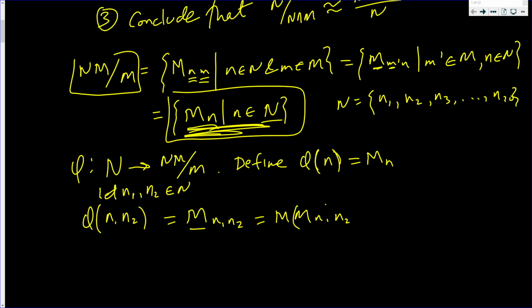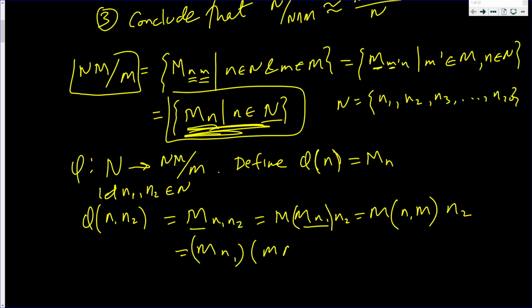Now, I can bracket that up, and since M is a normal subgroup, that's the same as the coset M n1 times M n2, using the associative law.